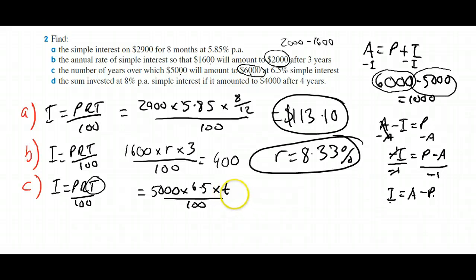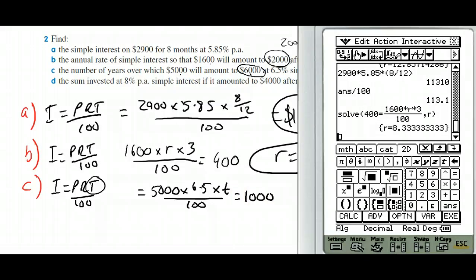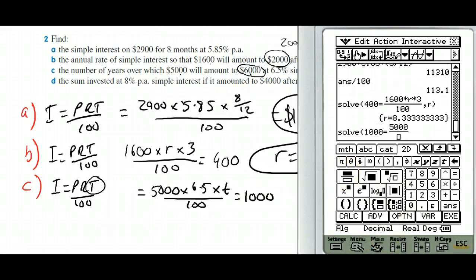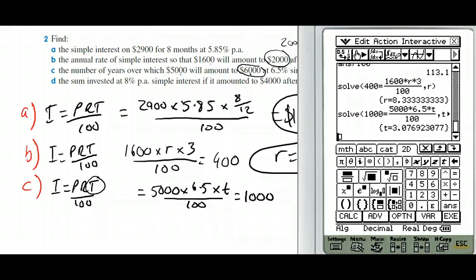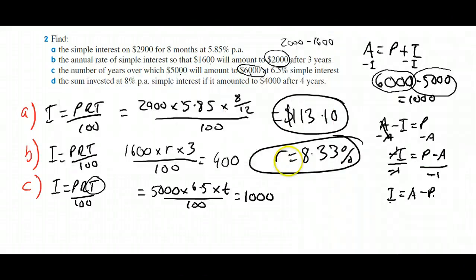Okay, let's put this I into here, and then we can solve that in the calculator. So solve 1,000 equals 5,000 times 6.5 times T over 100, and comma T is 3.08.